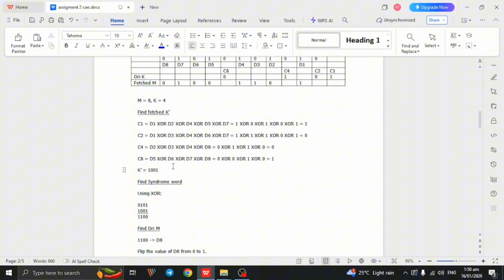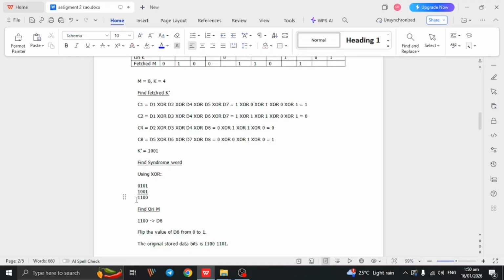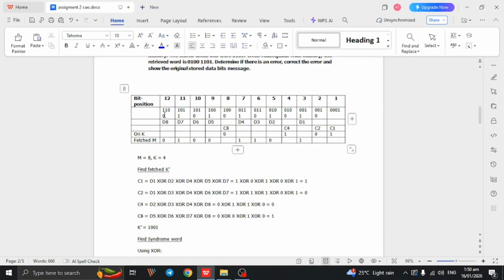We XOR the fetched check bits with the original stored check bits, which is 0101. So we XOR it and we get 1100, equal to bit position 12.